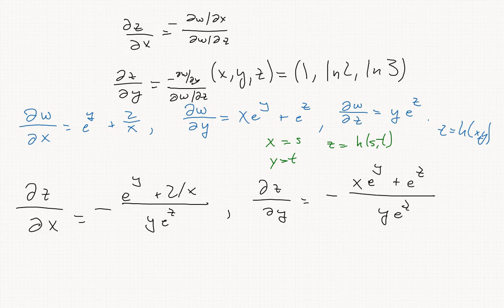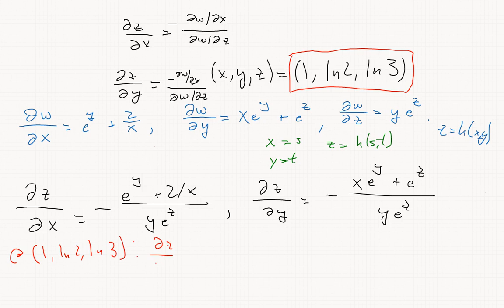And if we evaluate this here at (1, ln 2, ln 3), del z by del x will be negative 2 plus 2, so negative 4 over 3 ln 2, and del z by del y will be negative, the bottom is still 3 ln 2, the top is 1 times 2 plus 3, so this will be negative 5 over 3 ln 2.